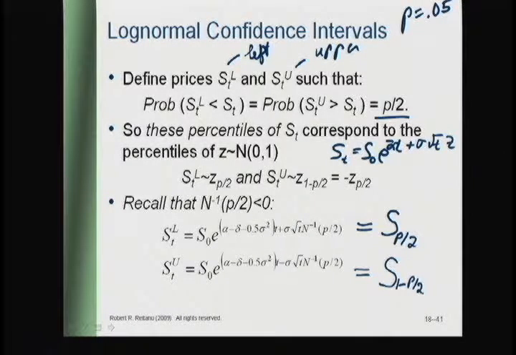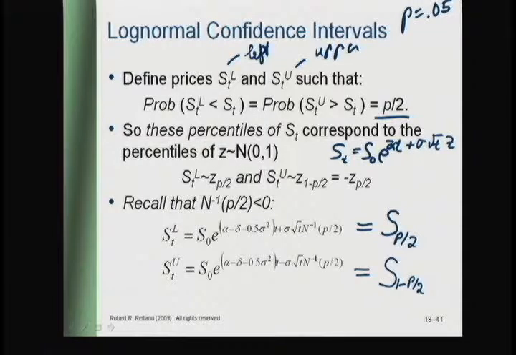If you think of the S_T values in percentile terms, the L value is defined as the p over 2 percentile. So if p was 5%, it would be the 2.5 percentile of the S distribution, and S_U would be the 97.5 percentile. So the point I'm making is that the percentiles of this S distribution follow from the percentiles of the Z distribution, one for one.